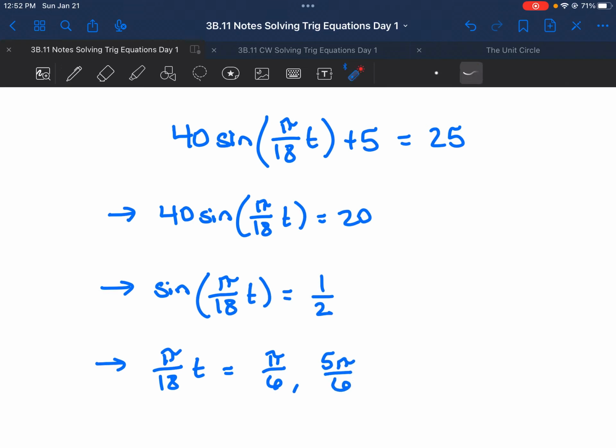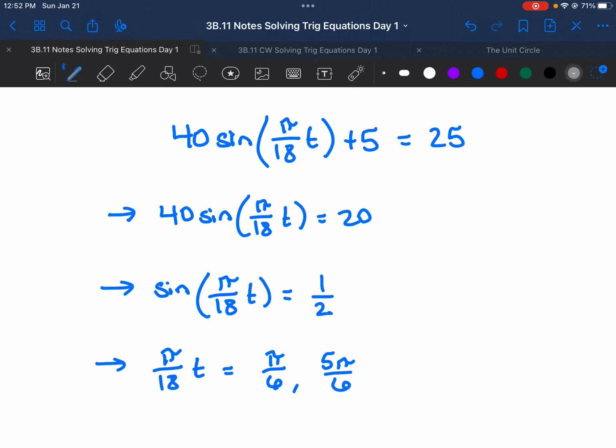Now, I'm not interested in pi over 18t. I want to find the t values specifically. So what I'm going to do is multiply both of my solutions by 18 over pi. I'm choosing 18 over pi because if I multiply that here, those are going to cancel and leave me with just t.